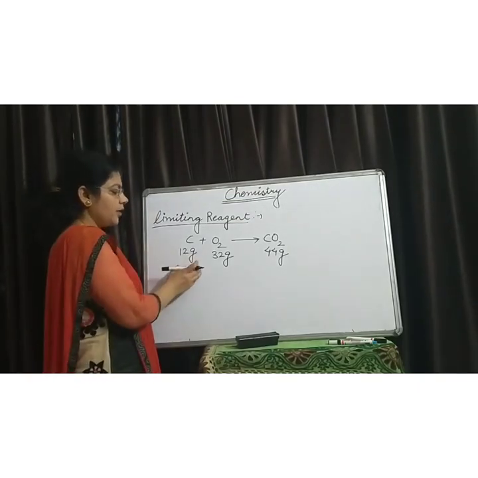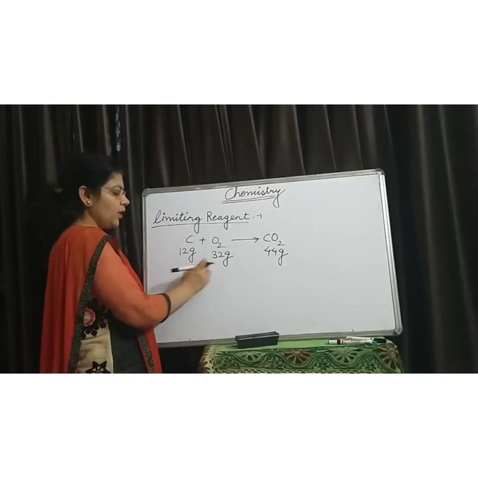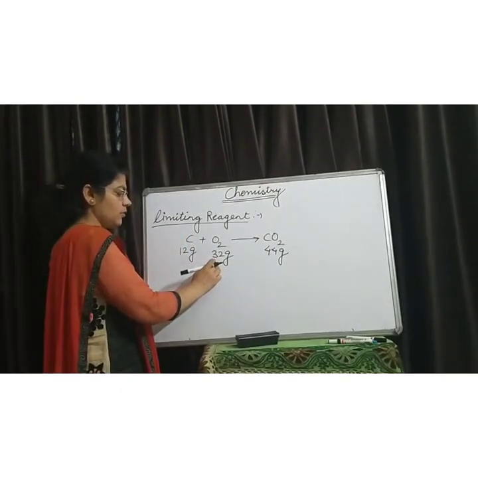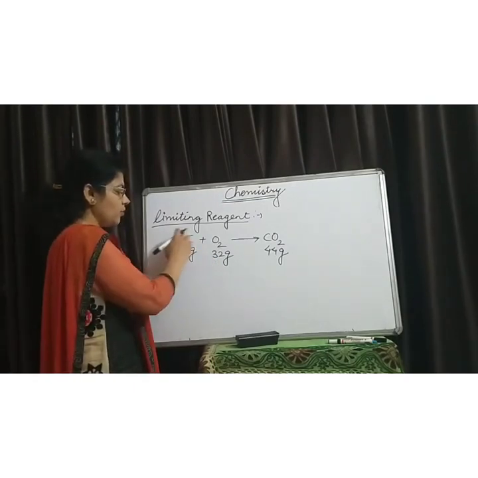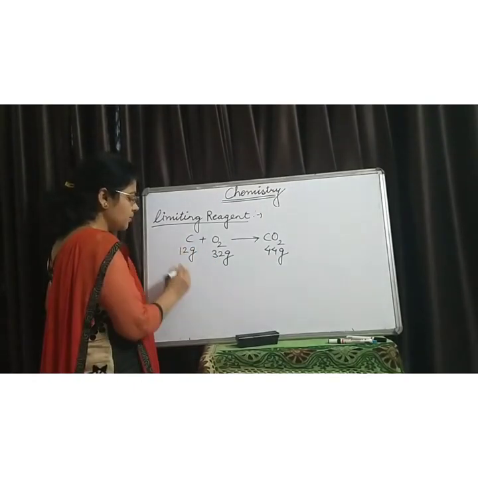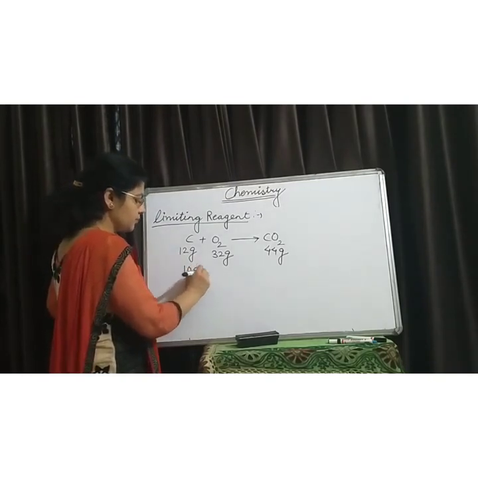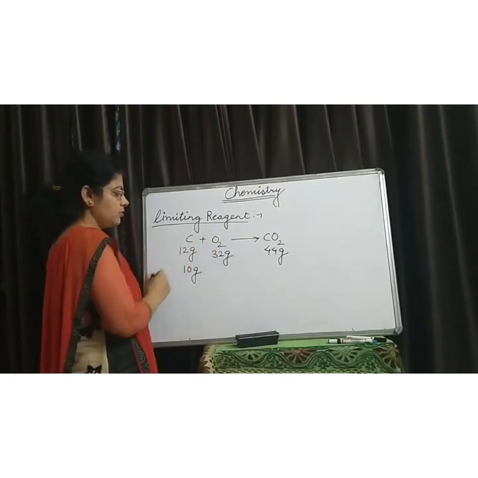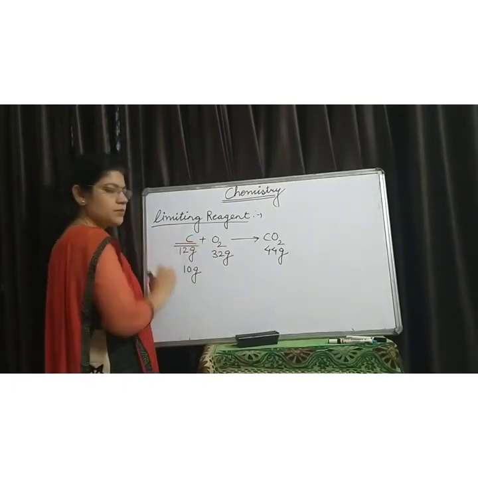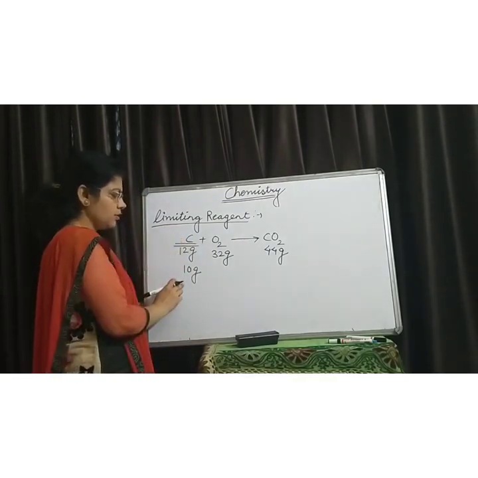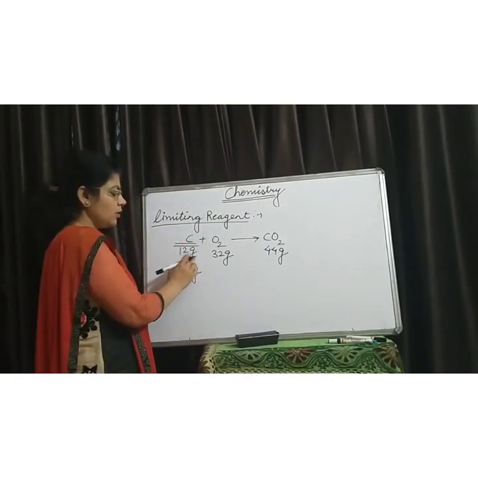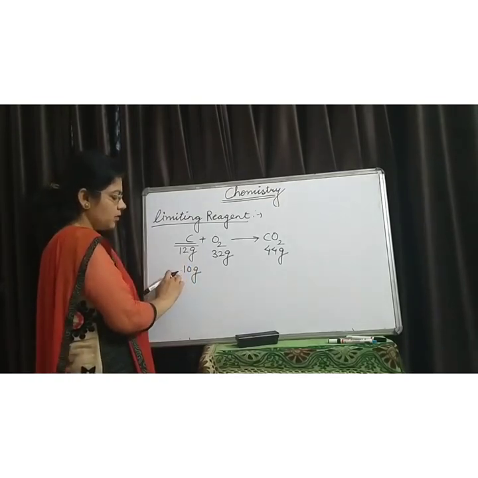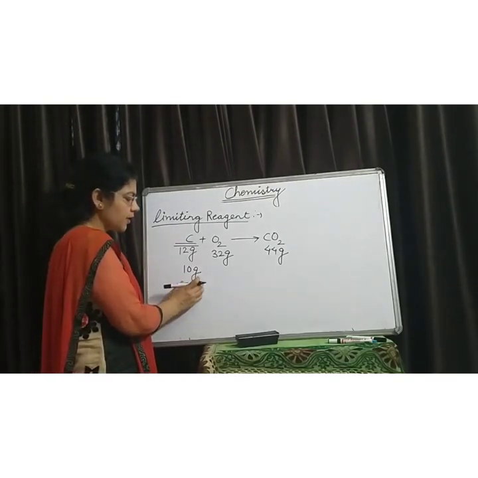If I reduce the amount of any one reactant, either carbon or oxygen, for example from 12 grams of carbon to 10 grams, then carbon becomes the limiting reagent, because in this reaction we need 12 grams of carbon, but the supply of carbon is 10 grams.